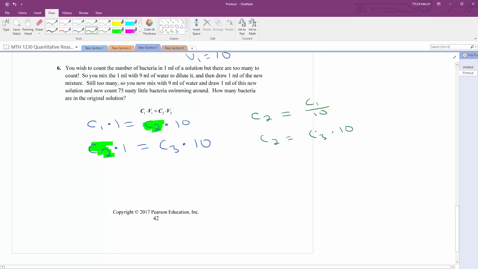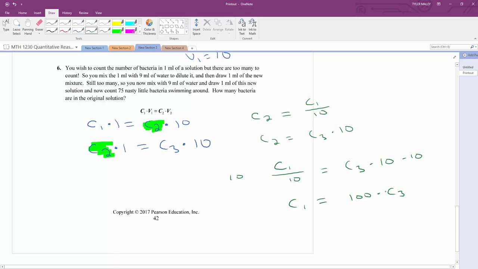If I set these equal to one another, I get C1 divided by 10 equals C3 times 10. If I multiply both sides times 10, I get C1 is equal to 100 times C3. That makes it just a little easier to work with.